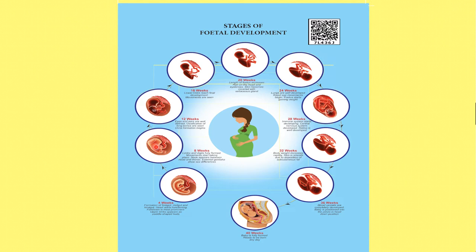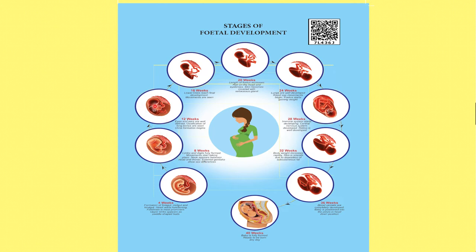And you can see the movement of the fetus or embryo in the amniotic fluid starts. And in the 8th week itself, the external genitalia, whether male or female, shows its appearance. So you can identify the male or female fetus in the 8th week itself.